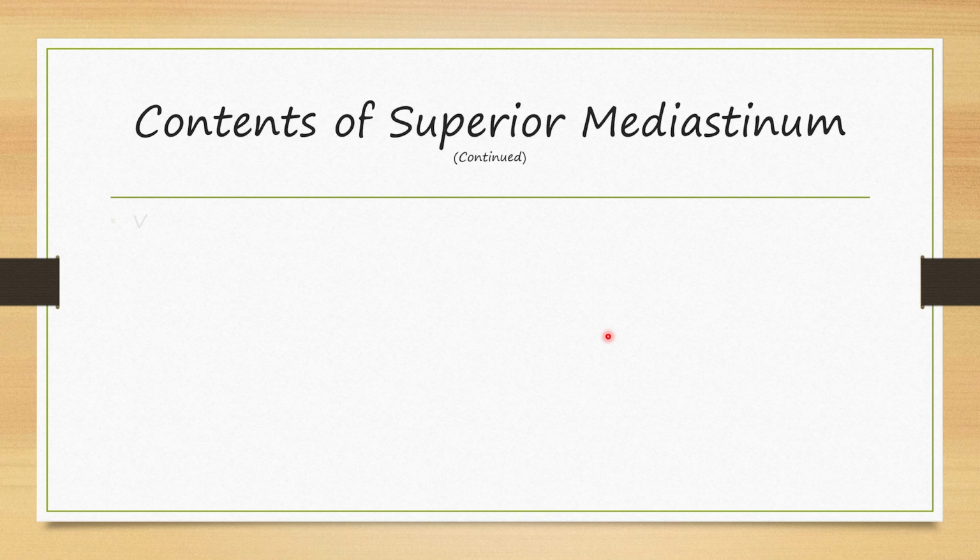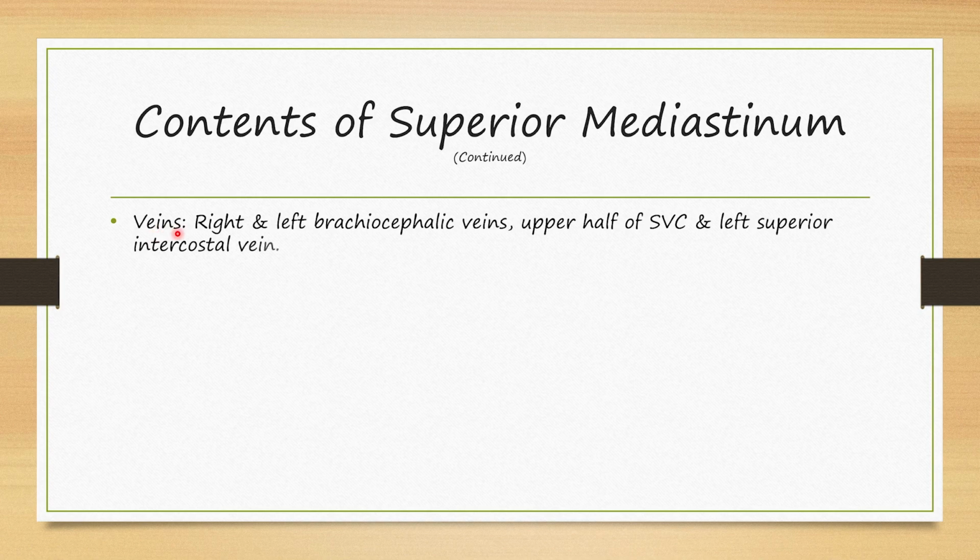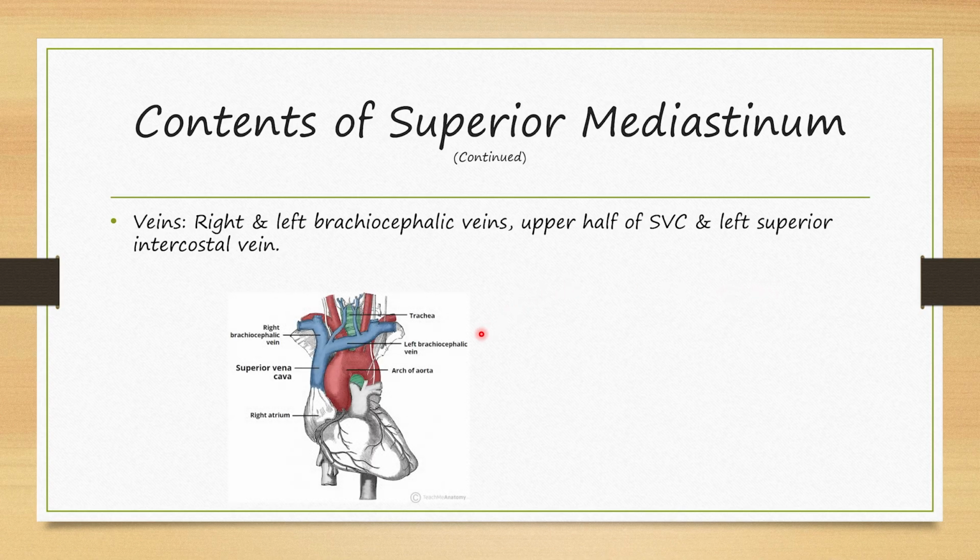More contents of the superior mediastinum. There are more: the veins, right and left brachiocephalic veins, upper half of superior vena cava, and left superior intercostal vein. So in this figure right here, we can see the right and left brachiocephalic veins.